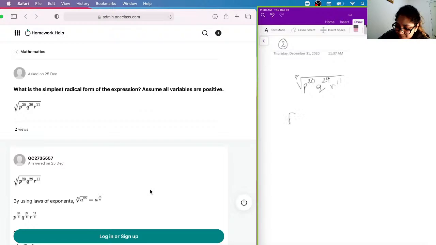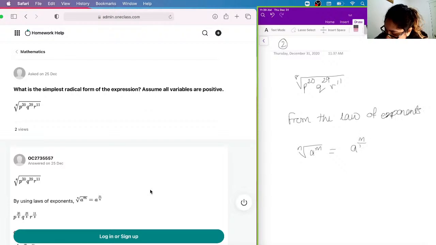So from the law of exponents, since this is the base formula basically, the nth root of a to the m is equal to a to the m over n.